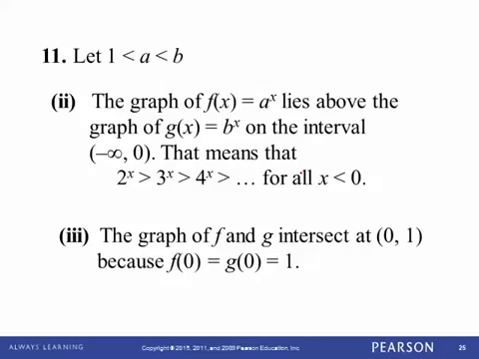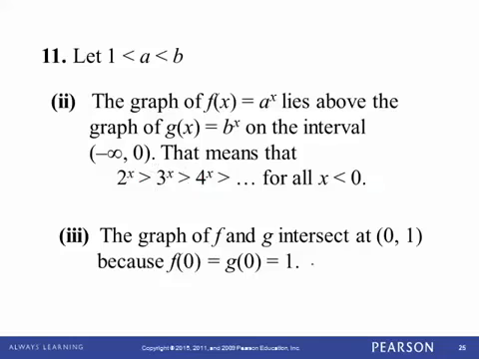For intervals, last two here, okay. It means as we look at intervals less than, and we go down to the left, it gets lower and lower and lower each time.